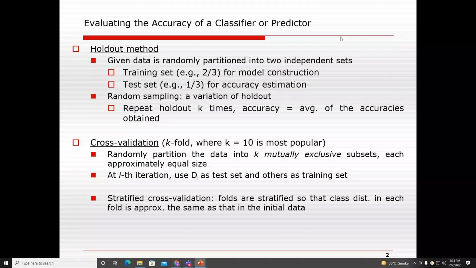When I say training, first you are constructing a model, and then during testing, you are validating whether your training was effective or not. So the ideal ratio between training set and testing set is 2/3 and 1/3, that is 66.6 and 33.3%. If I have 150 records, 100 records can be supplied for training and the remaining 50 for testing.